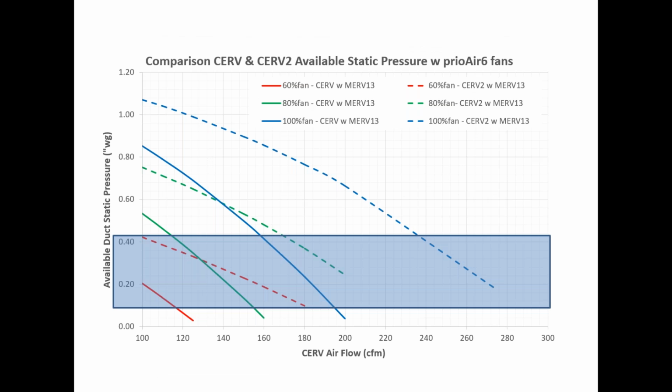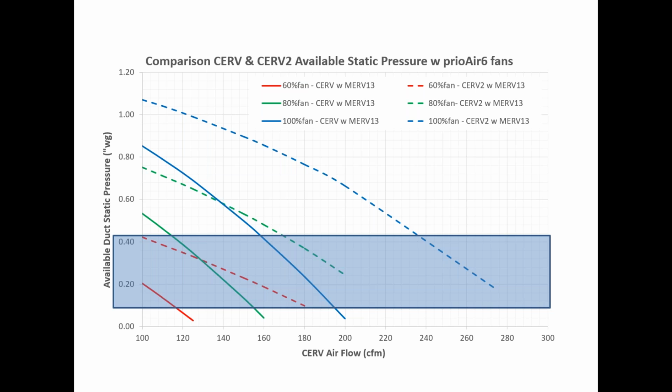This is just a fan curve showing our first generation versus the second generation CERV2. So we made some improvements in the design. The solid lines are the first generation unit and the dotted lines are the second. So at each static pressure, we're getting a lot more airflow than we were before at different fan speeds.